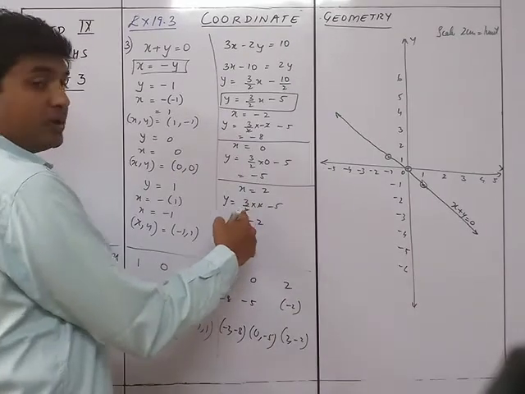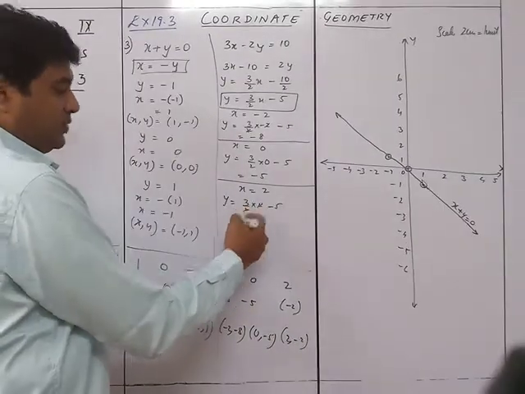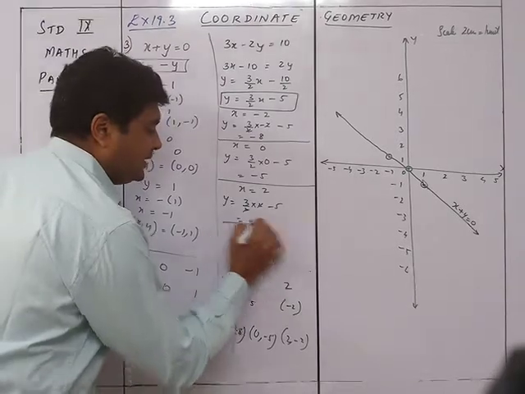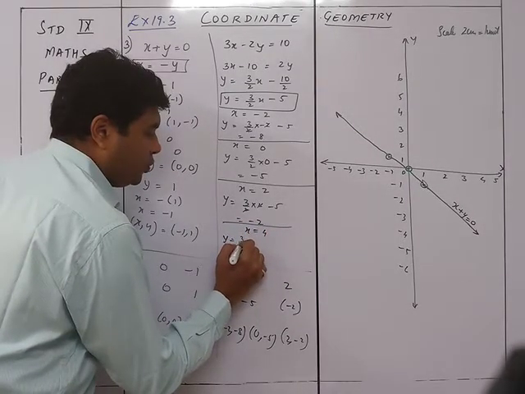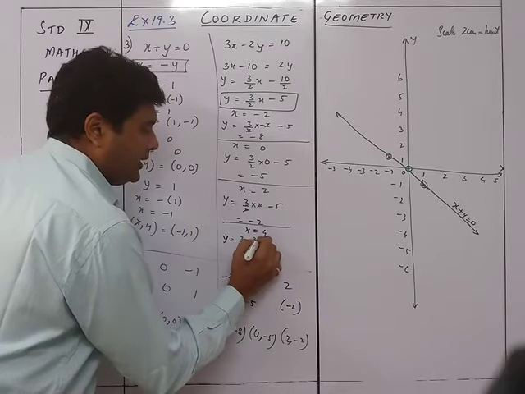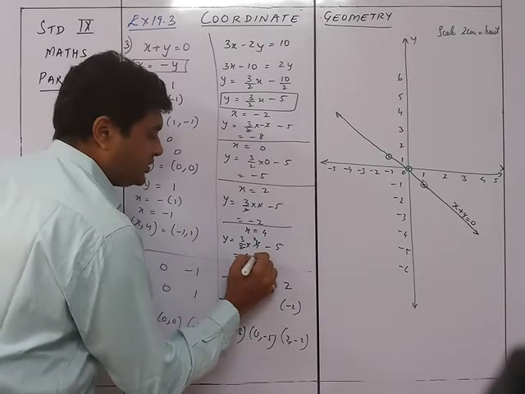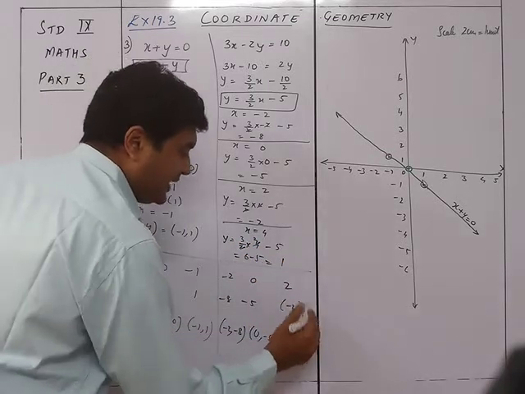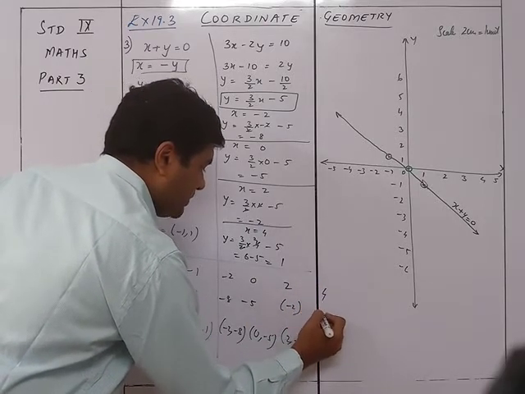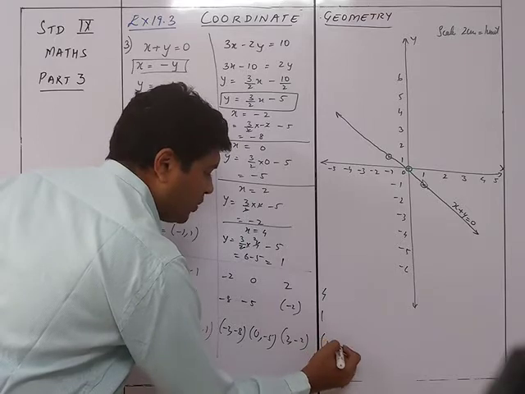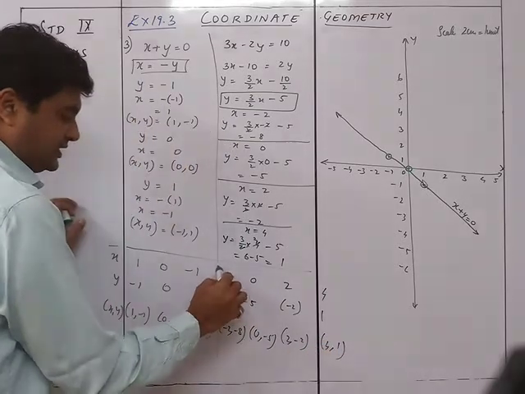If I take it as 4, then it will be 6 minus 5, so that will be better. So x equals 4, then y equals 3 upon 2 into 4, that will be 6 minus 5 equals 1. So it is 4 comma 1.